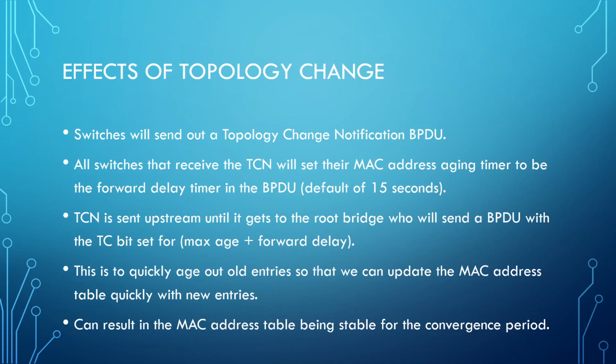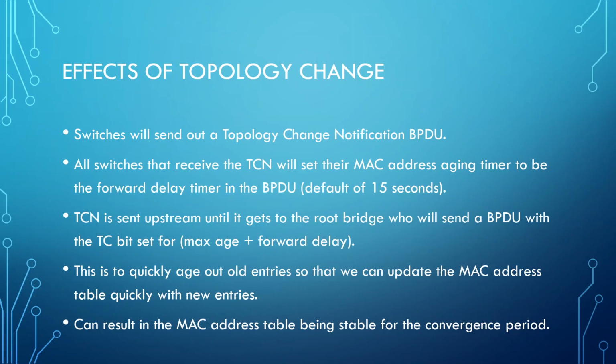This is to quickly age out old entries so that we can update the MAC address table quickly with new entries. So any device which receives this topology change BPDU will set the MAC address aging timer for all of its entries to 15 seconds. This way we can clear any old entries really quickly and populate the MAC address table with new entries.